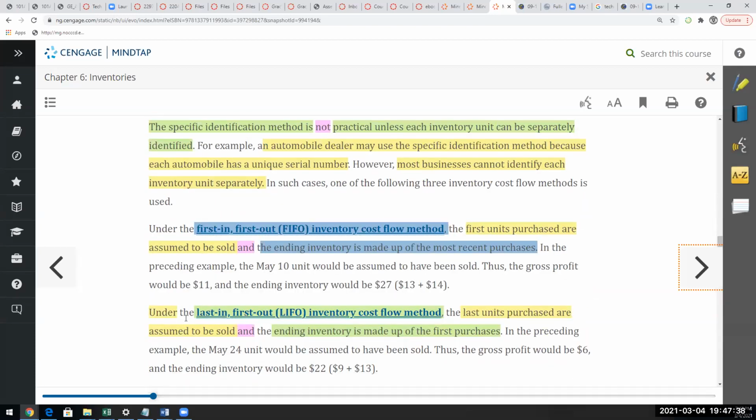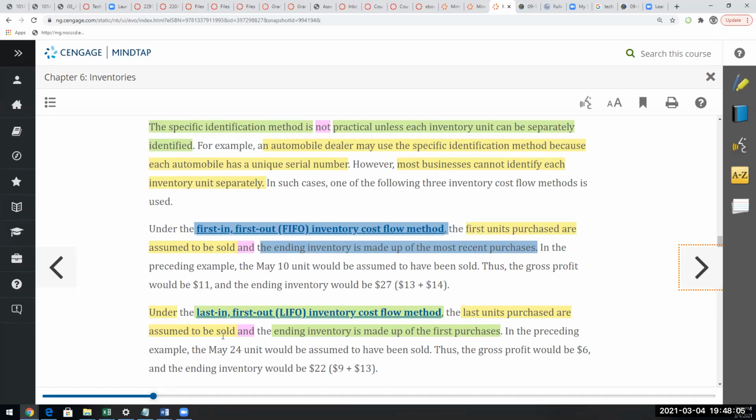Now with LIFO, it's the opposite. Under last in, first out, the last units purchased are assumed to be sold. So whenever you have a purchase, the very next sale is assumed to come out of that new stuff. You could assume that your milk is sold using LIFO, but you better make sure that the actual physical flow of that gallon of milk was first in, first out.